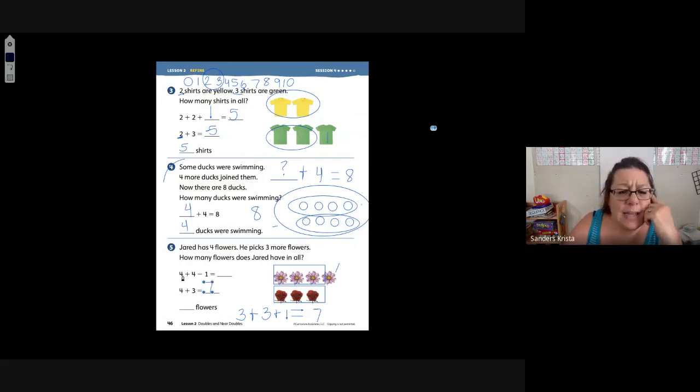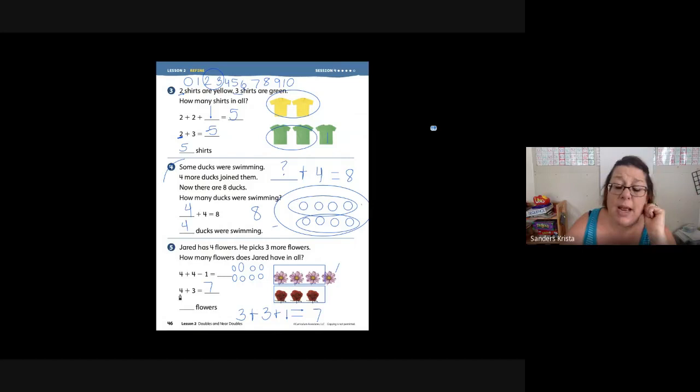But why did it say 4 plus 4 minus 1? Let me draw a picture right here. 1, 2, 3, 2, 3, 4, and 1, 2, 3, 4. So here it showed 4 plus 4 because 4 and 3 are next to each other on the number line.